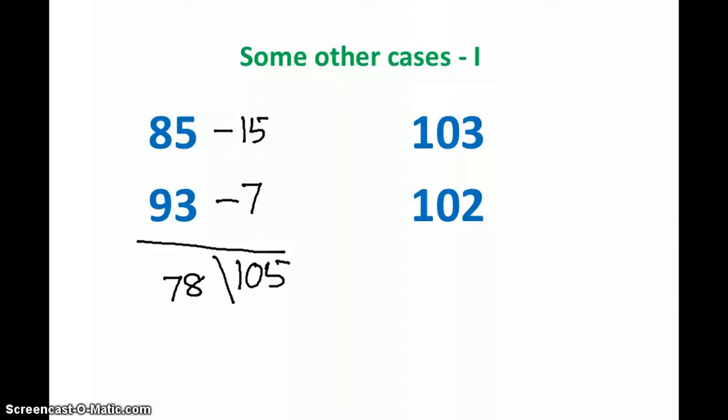If you remember, I have told that our base is 100. That means on the right hand side, when we multiply these two numbers, we should get a number which is of 2 digits. It cannot be less than 2 digits or more than 2 digits.